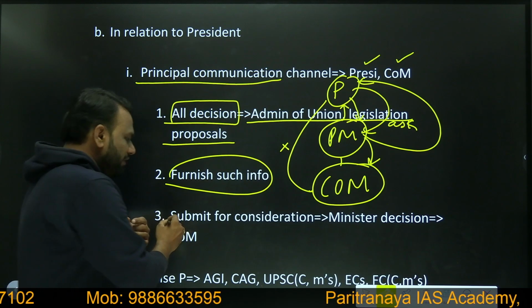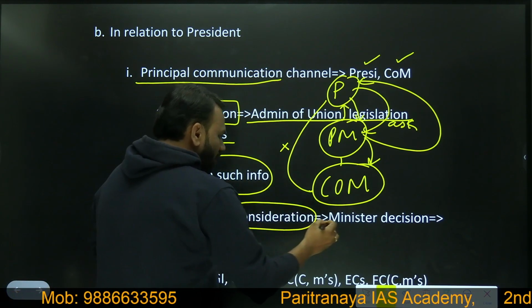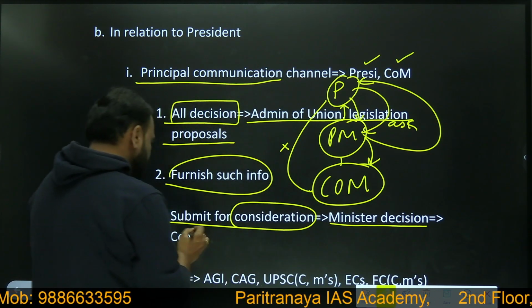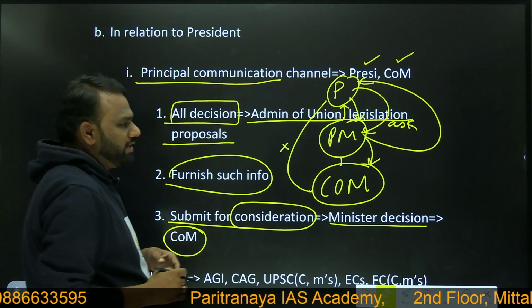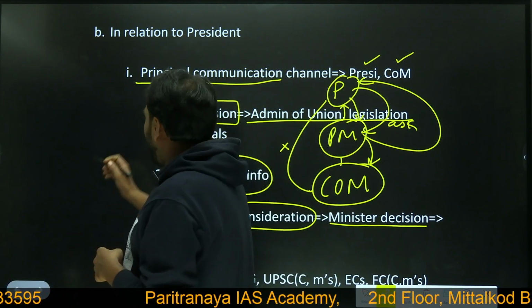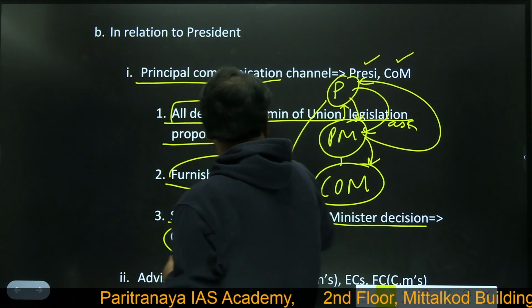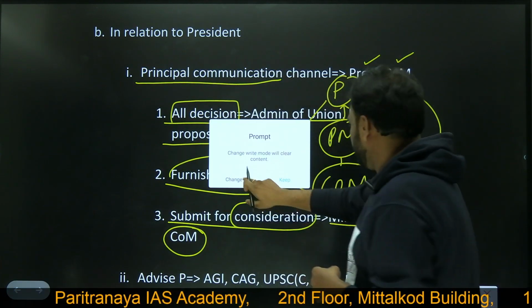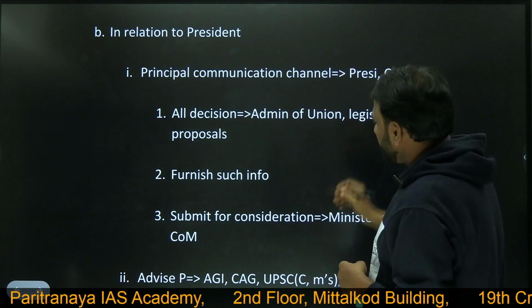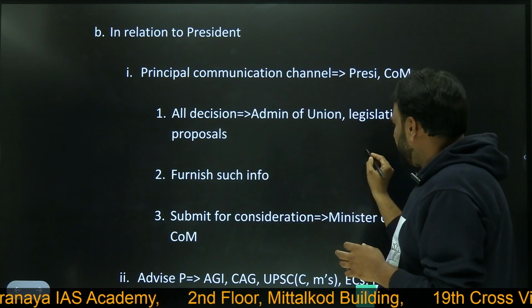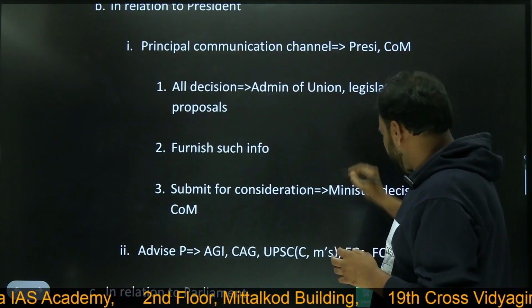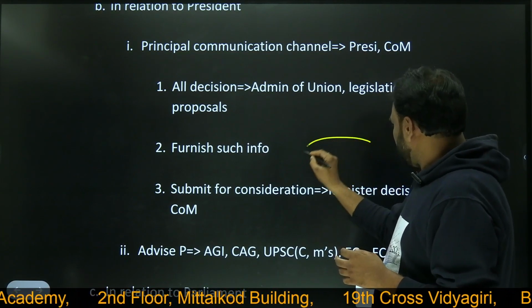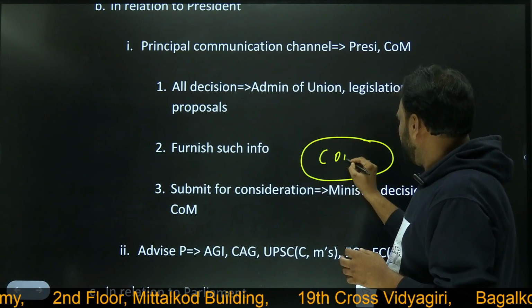Next, submit for consideration of the Council of Ministers any decision taken by a minister. So what does it mean? Again, we shall take an example. Every major decision has to be taken by the Council of Ministers headed by the Prime Minister.